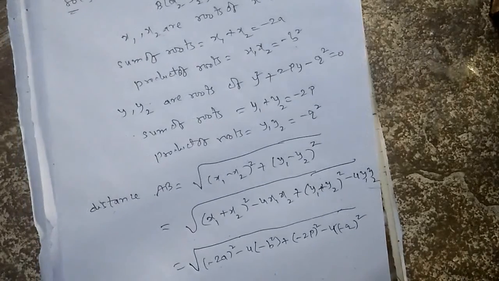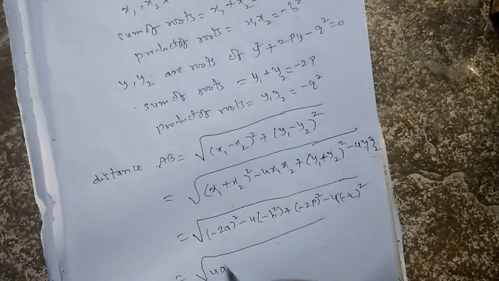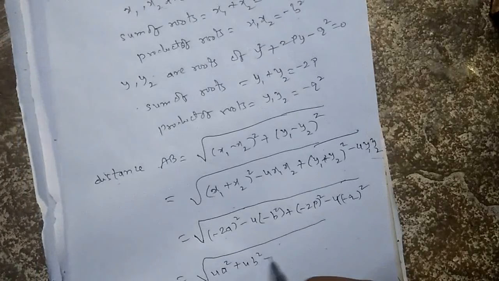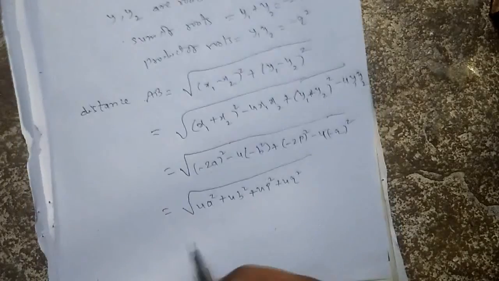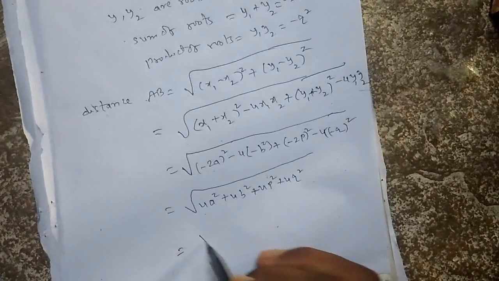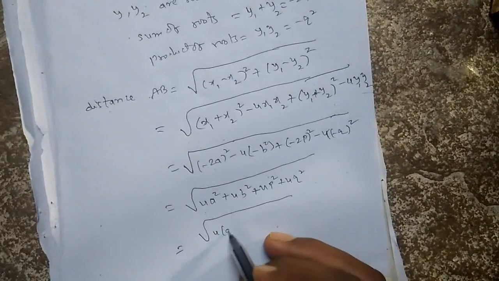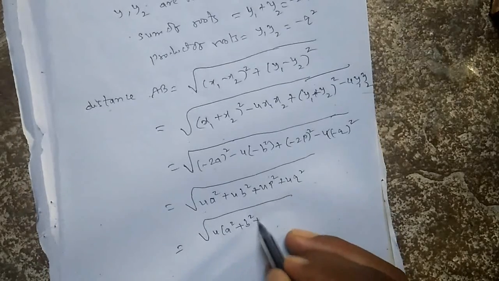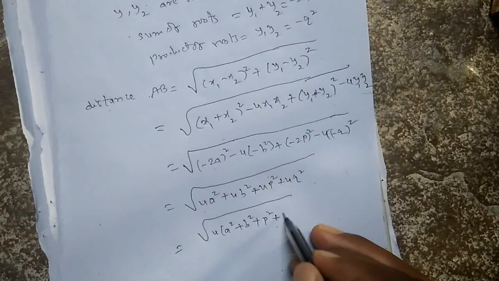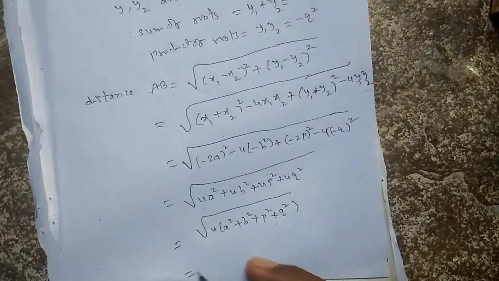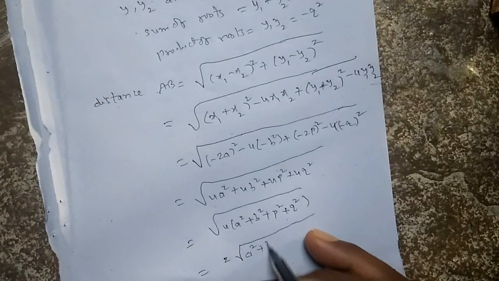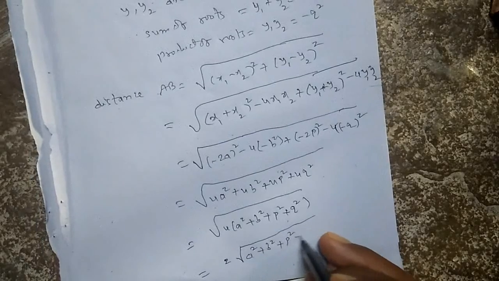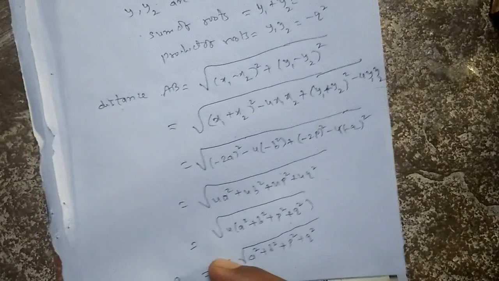That is root of 4a square plus 4b square plus 4p square plus 4q square. Take 4 common: 4 into (a square plus b square plus q square plus p square). Under root 4 is 2, so 2 root of (a square plus b square plus p square plus q square) is the distance AB.